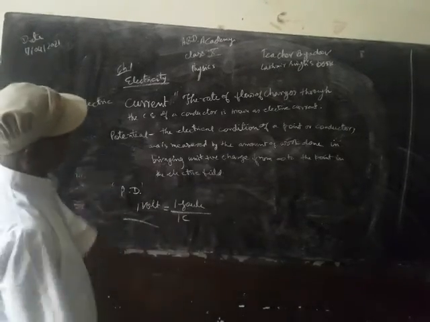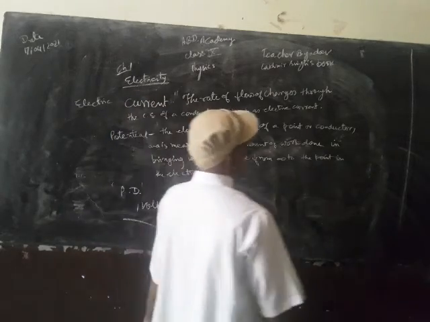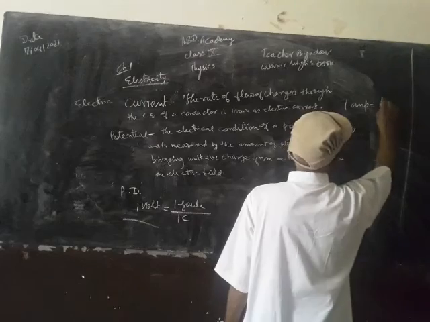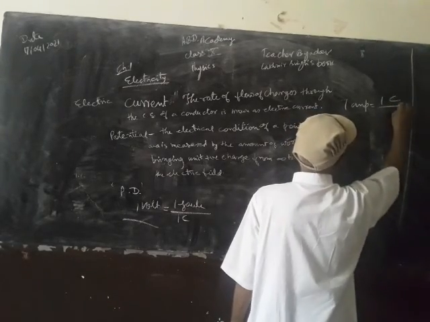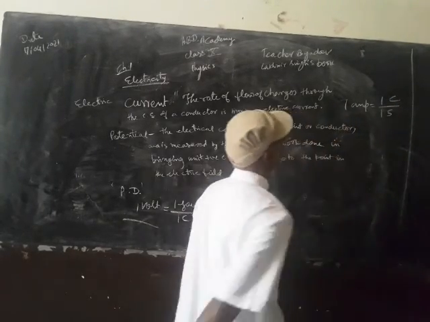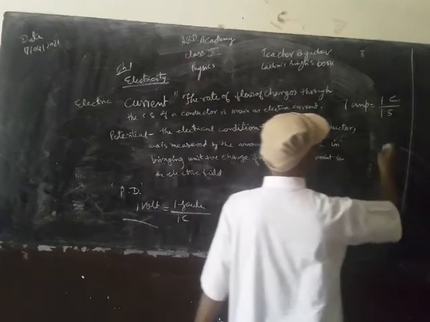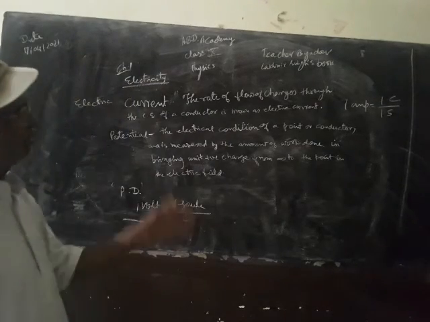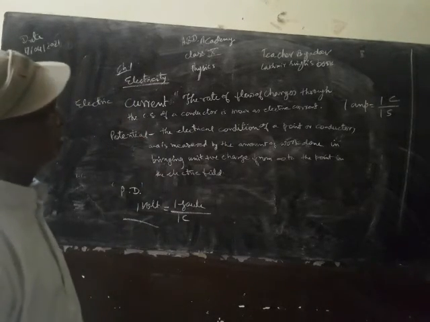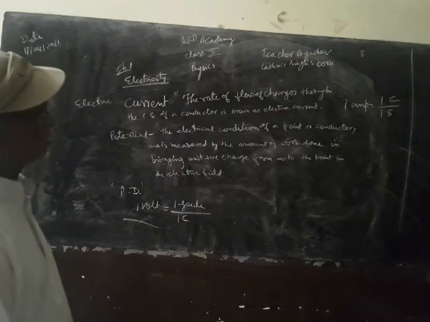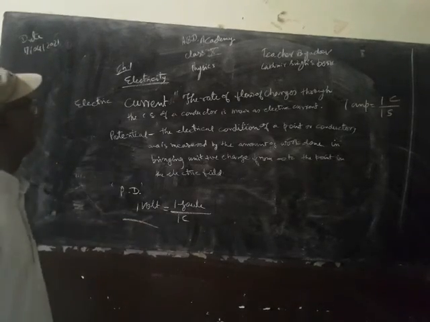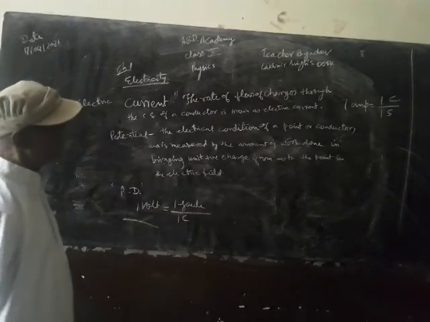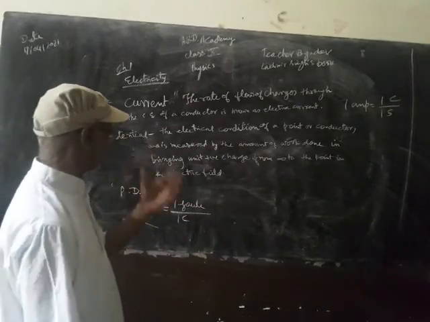And in electric current I have told you 1 ampere is equal to 1 coulomb upon 1 second. Try to understand. It means 1 ampere is the amount of current if 1 coulomb of charge passes through the cross section of a conductor in 1 second. So two important things are here: one is electric current, the other is potential difference, and I have given the relation of their units.